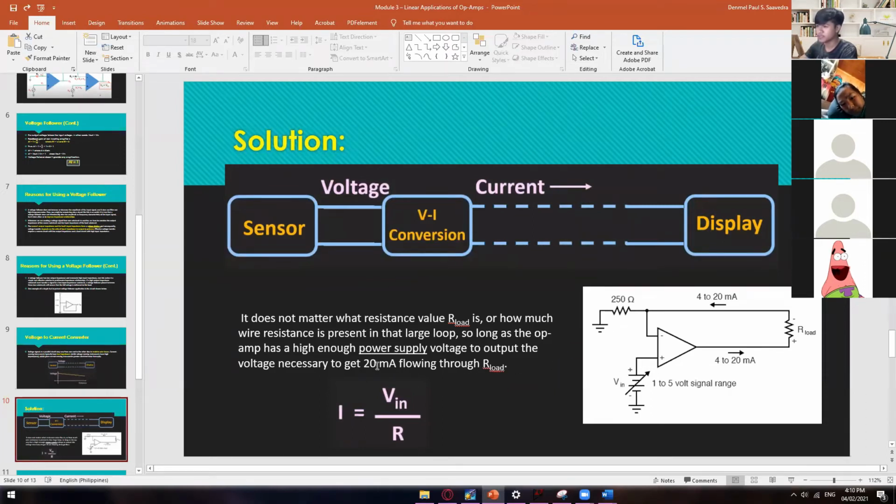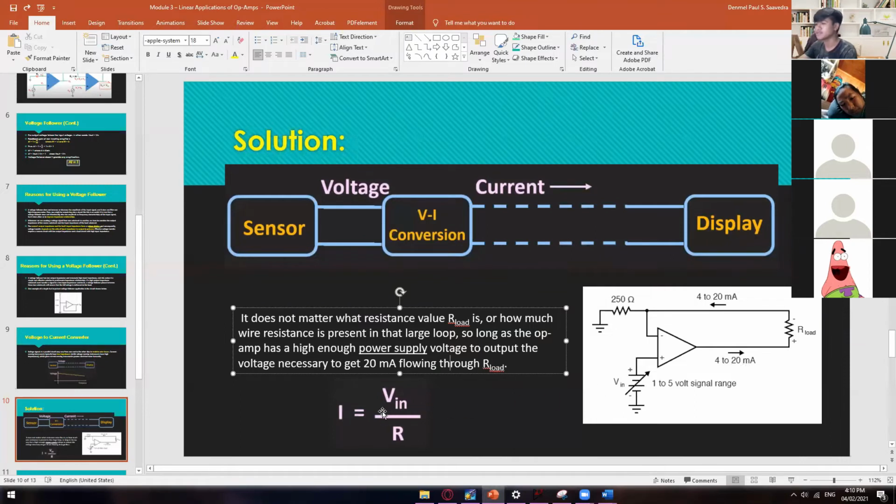This 20 milliamps is specific to this circuit. As you can see, we have, let's say, a 1 to 5 volts input. If we have 1 volt, of course, you will get 4 milliamps. And if we have 5 volts, then we will get 20 milliamps.